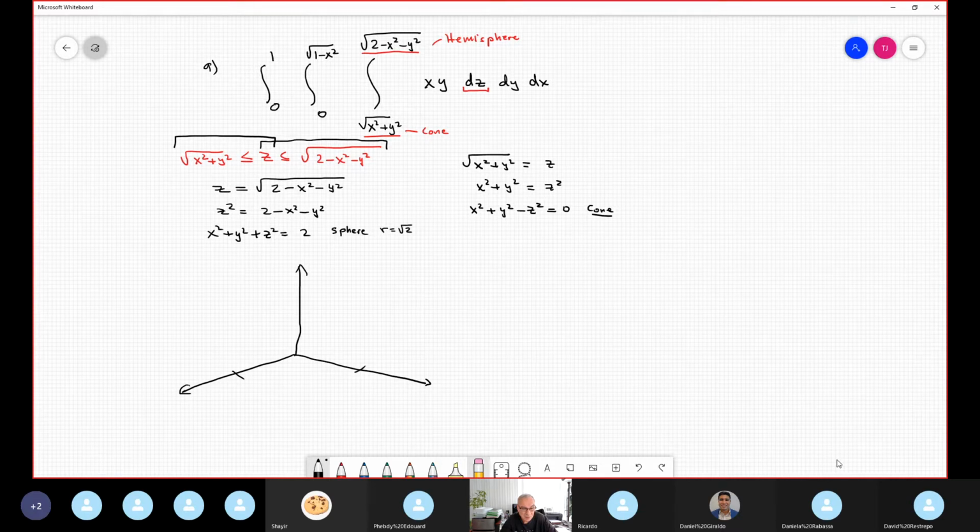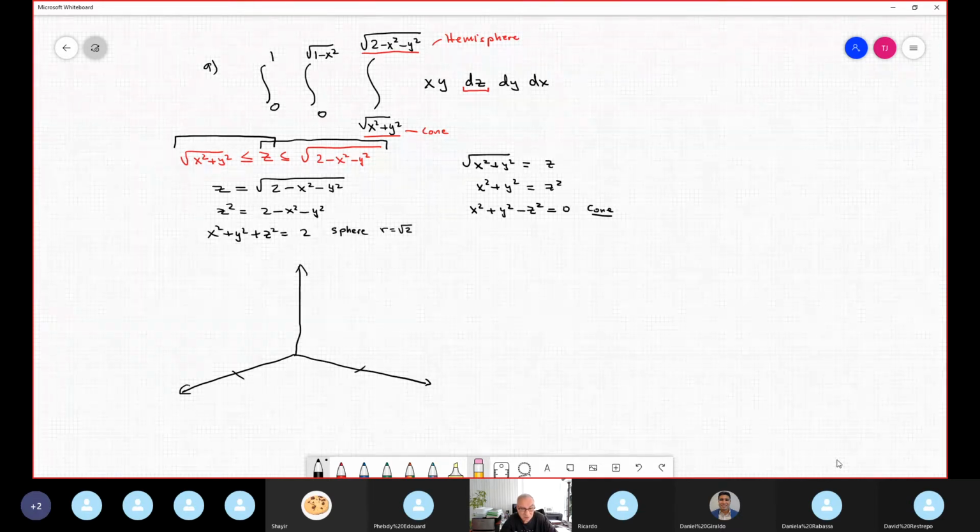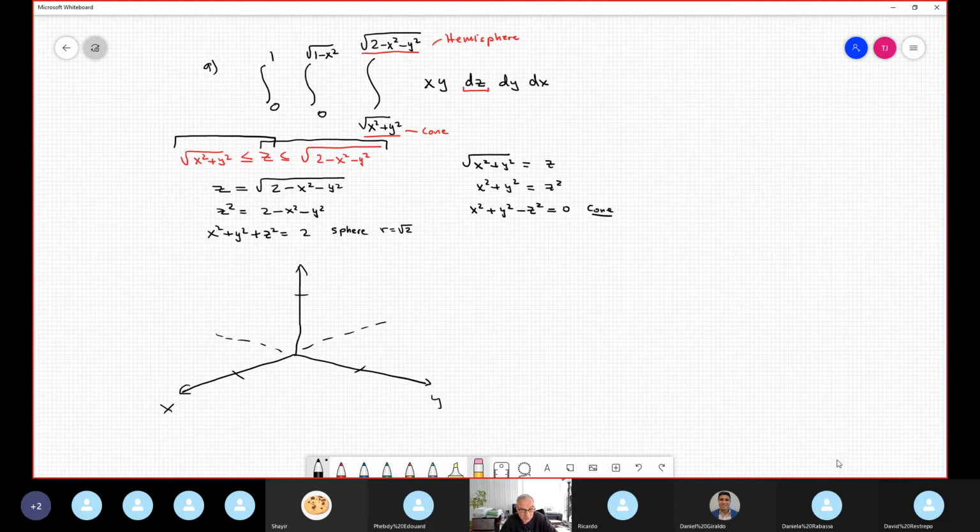Okay, we have a sphere. I don't know if it's in the first octant or no. This is X, this is Y, this is Z. We have the sphere. And the radius for this sphere is radical 2.